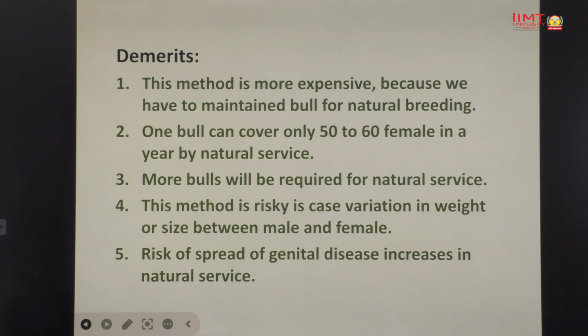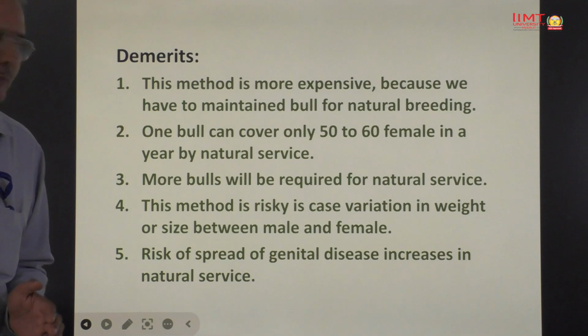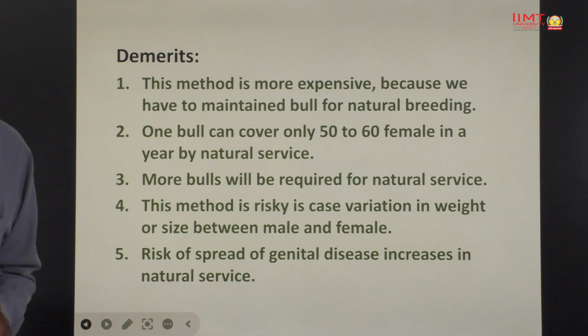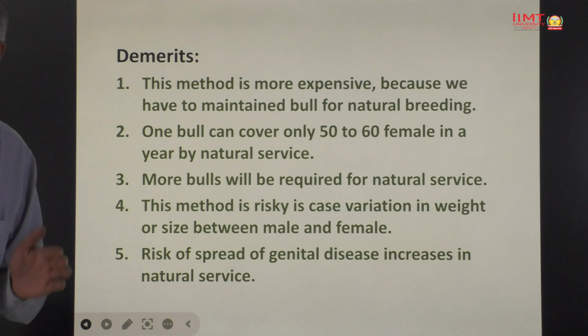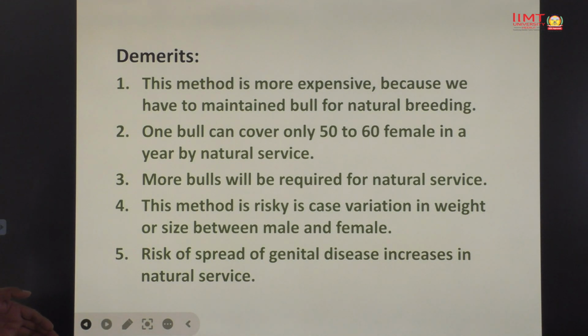This method is more expensive because we have to maintain bull for a natural service. Number two is one bull can cover 50 to 60 females in a whole year. Number three, more bulls will be required for natural service.